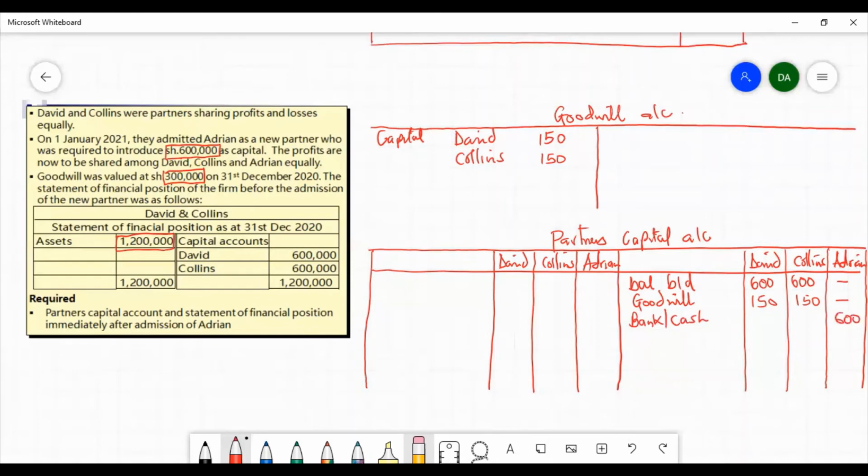After recording that, we need to balance off the account. And as we balance off the accounts, we write off goodwill, because in this case, goodwill is not maintained in the books of accounts. Now, to do that, start with the goodwill account and write off goodwill into capital account.